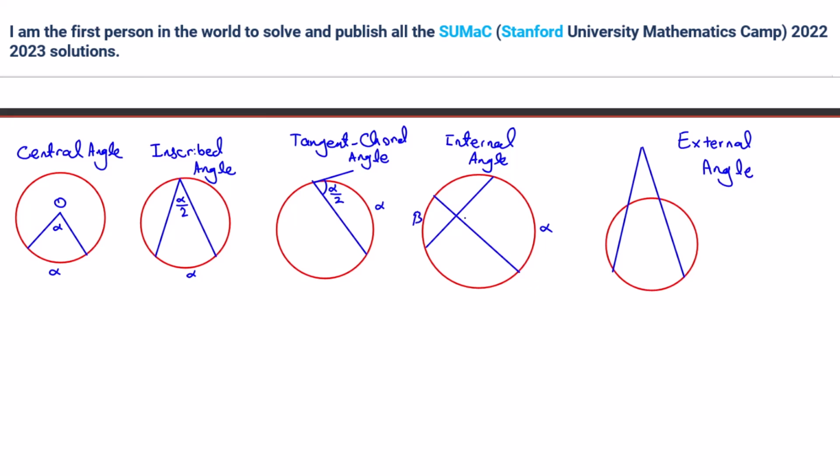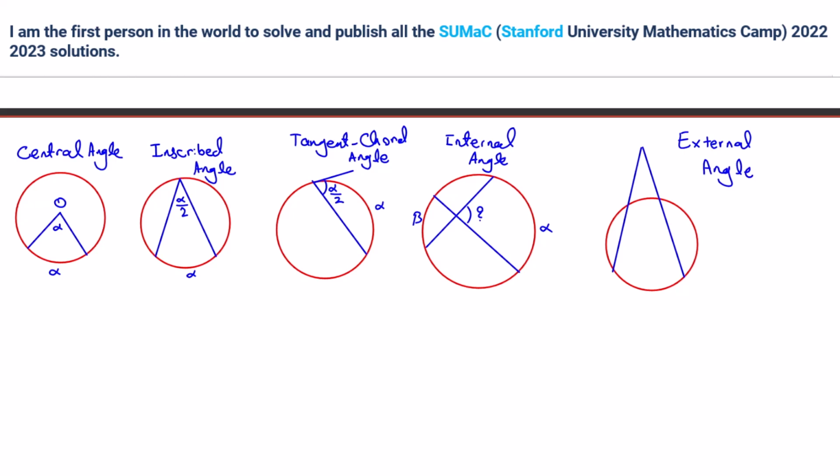This is, for example, beta, it is the point. Obviously, center is here. It is not related to the center. It's inside the circle. So what would it be in terms of? Is it A over 2? It depends on beta as well.